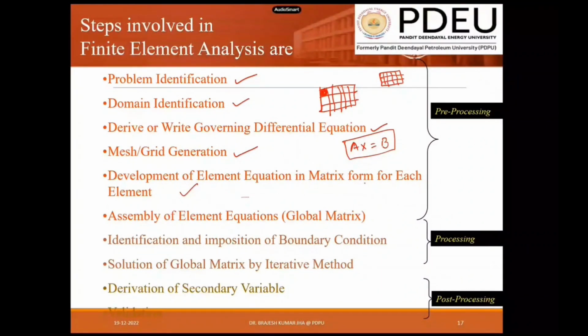So assembly of such matrix form, or the element equations, gives the global matrix. It is a part of assembly.